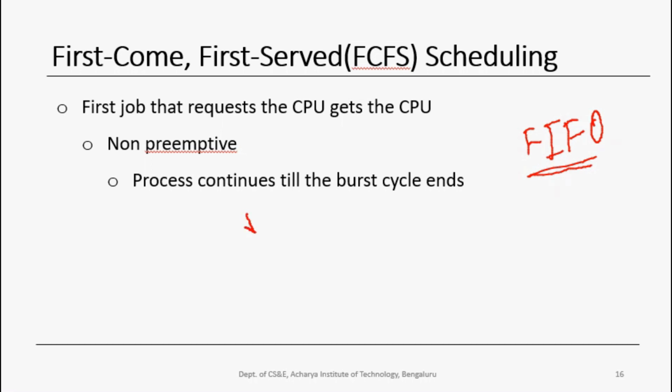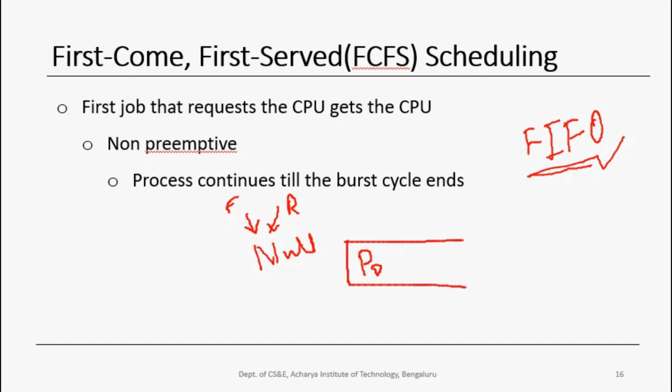Let us assume that we have two pointers, front and rear, initially pointing to null because there is nothing in this FIFO queue. Now if a process, let's say P0, makes the request for getting the CPU, the PCB of this process P0, or a pointer to the PCB of P0, is placed at the rear end of this queue.